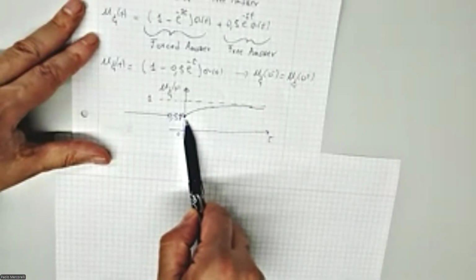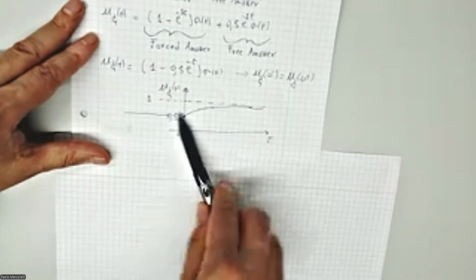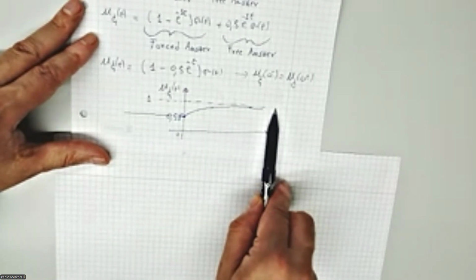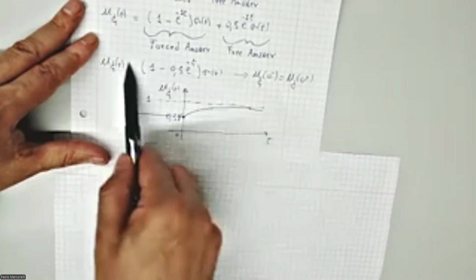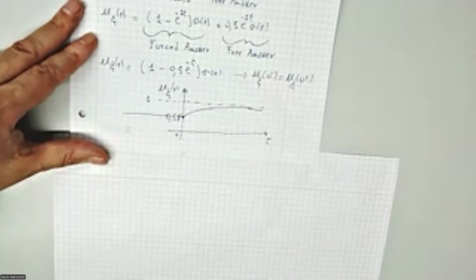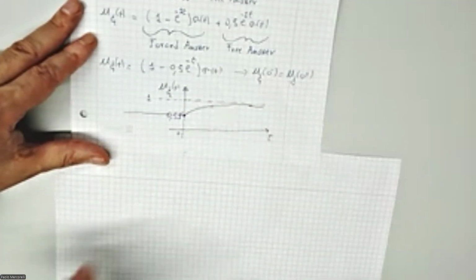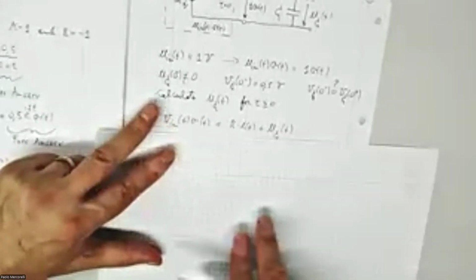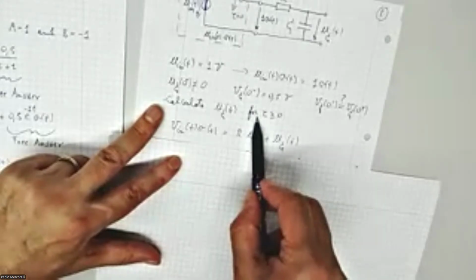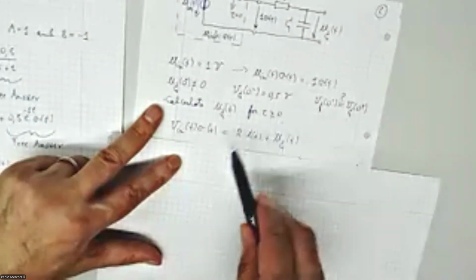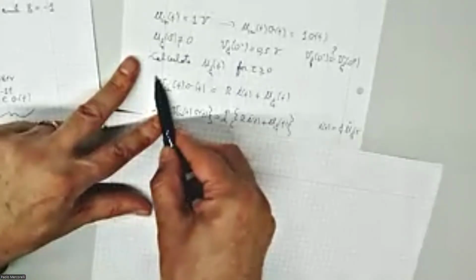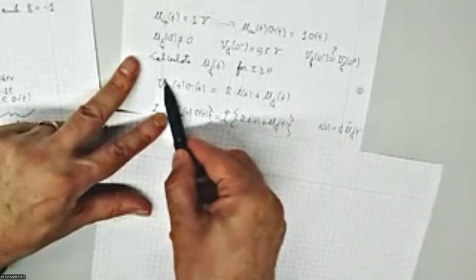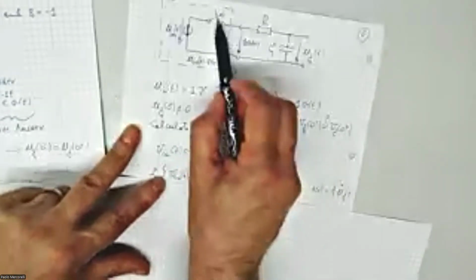Before 0 it is a constant 0.5 volts, and then I'm going in accordance with this equation. Because this equation here holds for t larger than or equal to 0, when I close.